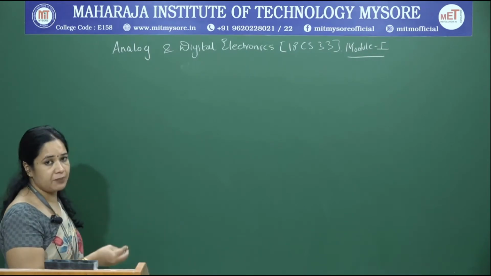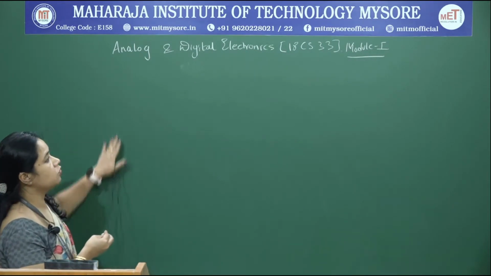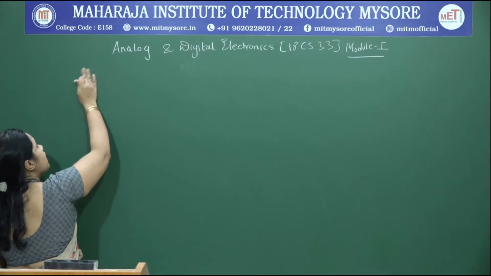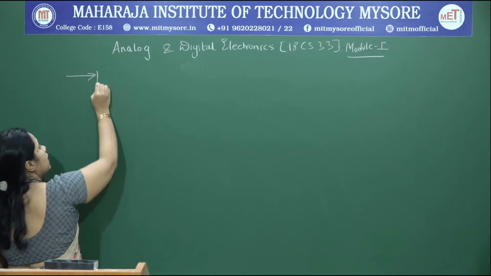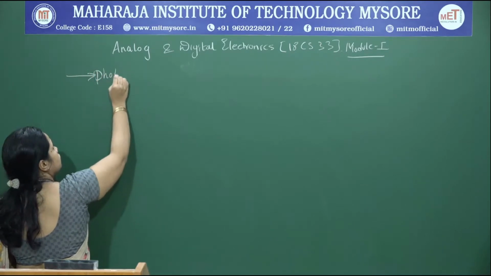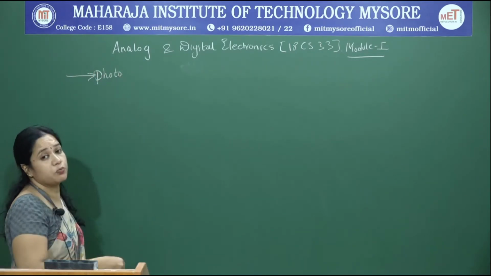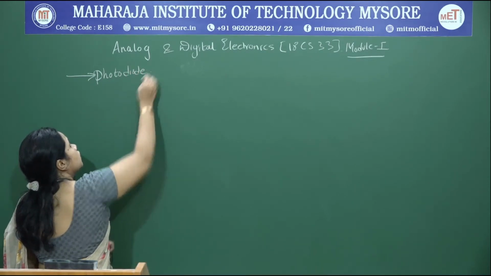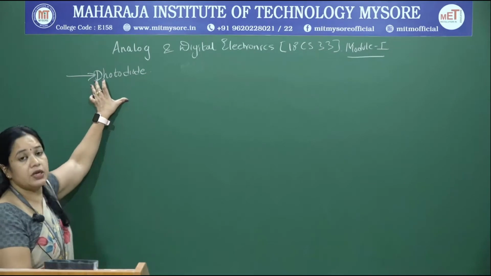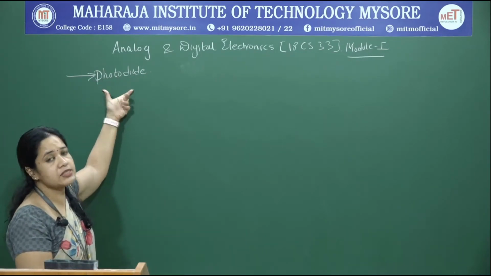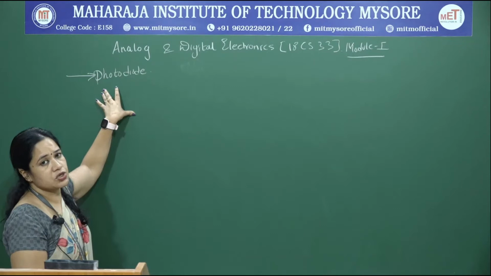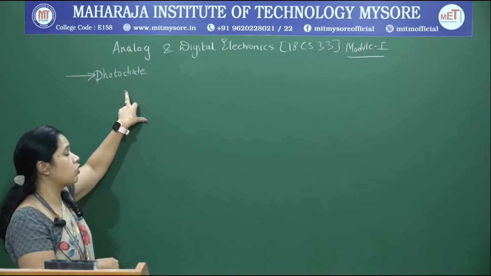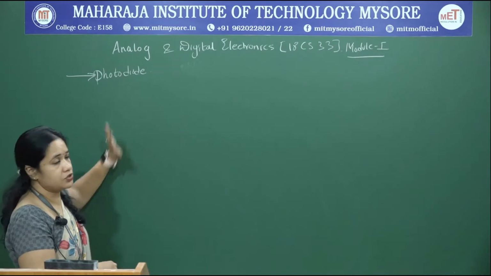very first chapter you will be looking into under module 1 is optoelectronic devices, wherein we have picked up topics related to optoelectronic devices, which include the photodiode. We will see what a photodiode is, its constructional details, and how a photodiode operates along with its applications.